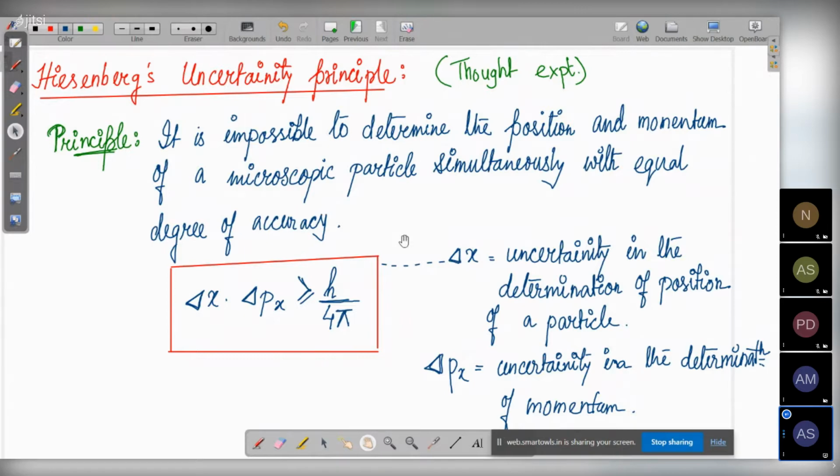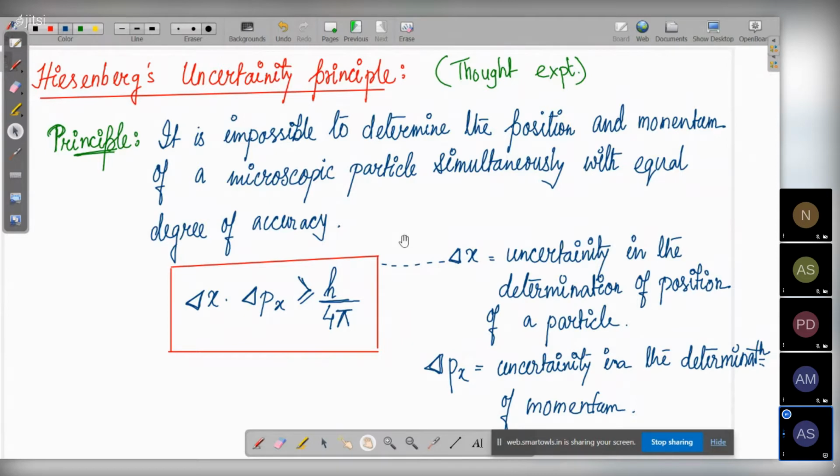If you want to calculate them, there will always be errors in the calculation. However accurate you try to be, there will always be errors in your calculation when you go to calculate the position and the momentum of this microscopic particle. And how to get the error? He said, somehow you try to calculate the position and the momentum.